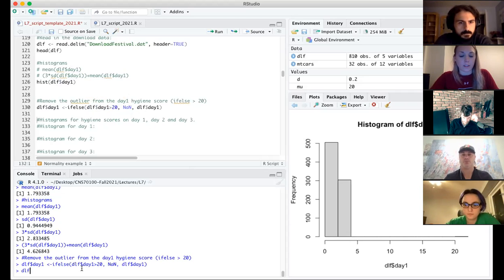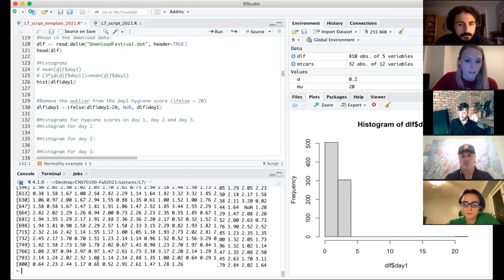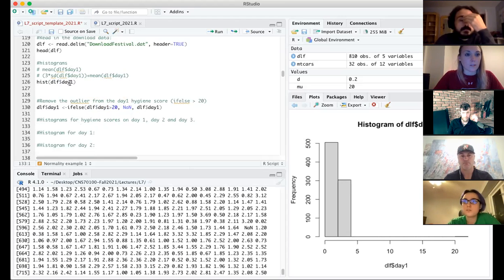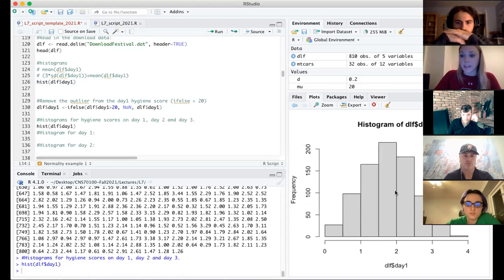There are 800 of these values, so it's probably not going to show all of them, but if we plot this again, that value is going to be gone. So let's grab our histogram. Now we actually do have normally distributed data.